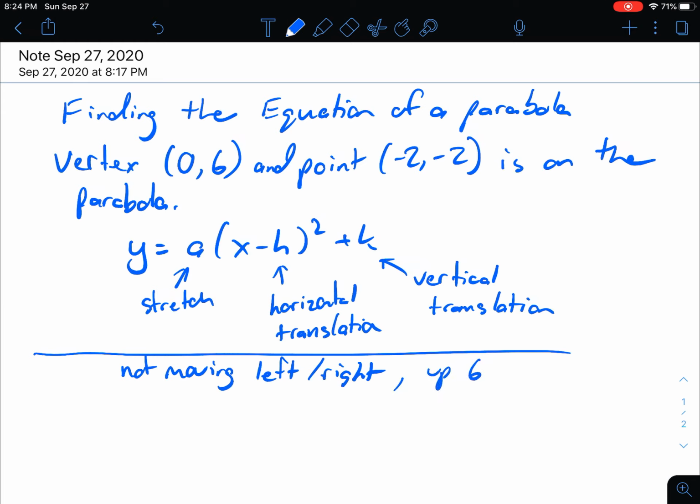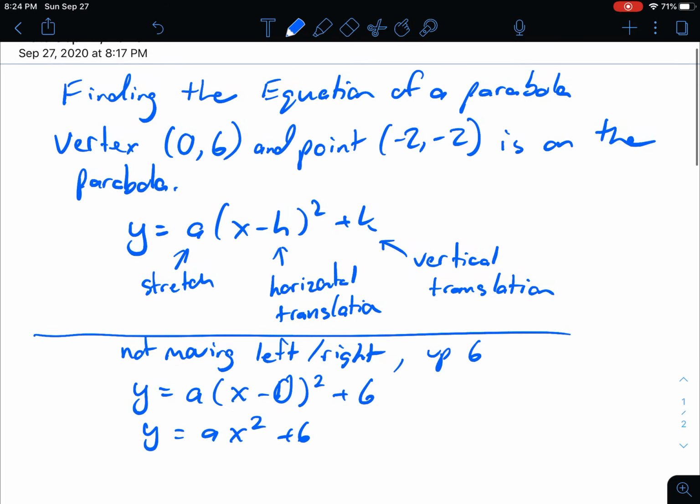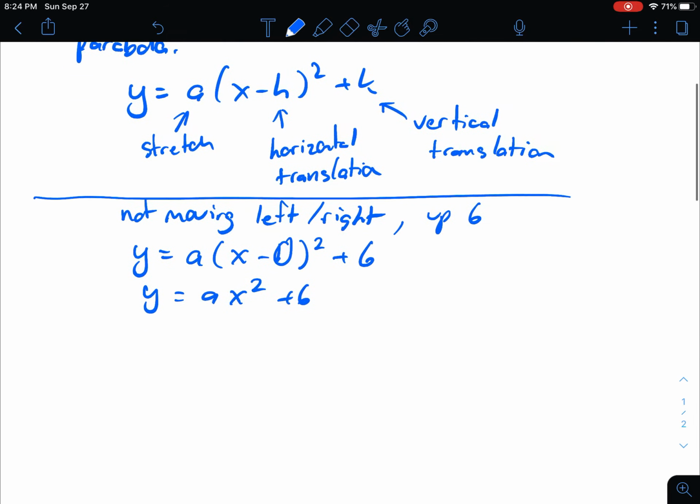So basically my equation to start is going to be y equals a, I don't know the stretch, times x minus 0 squared plus k. Sorry, not plus k, plus 6. Now normally we wouldn't write the x minus 0, so we'll simplify it to y equals a x squared plus 6. Okay, so there's where we are right now.